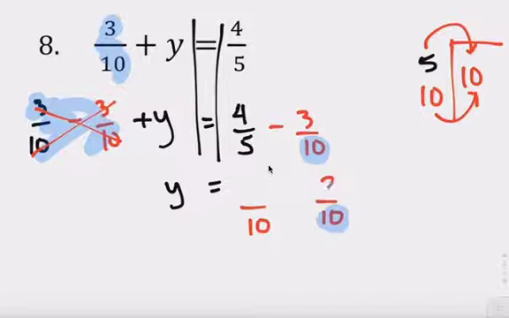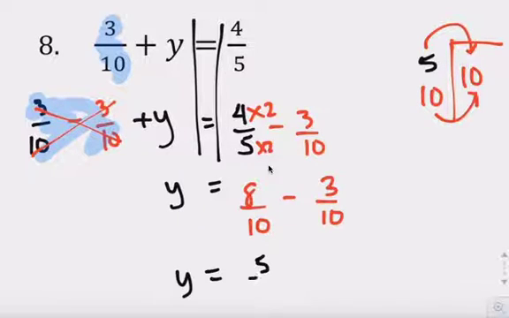So you bring down that 3 over 10. There's no change. Now to make 5 into 10 here, you need to times the 5 by 2 to make 10. So you times the numerator also by 2. Makes 8. Subtract that. Get y equals 5 over 10.